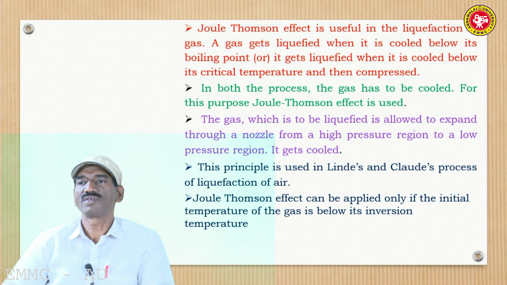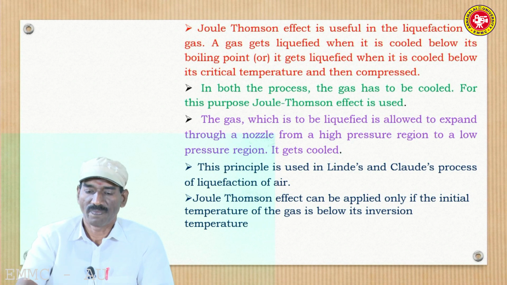The gas which is to be liquefied is allowed to expand through a nozzle from a high pressure region to a low pressure region. It gets cooled. This principle is used in Linde's and Claude's process of liquefaction of air. The Joule-Thomson effect can be applied only if the initial temperature of the gas is below its inversion temperature.